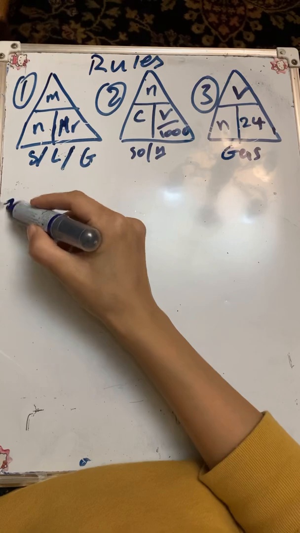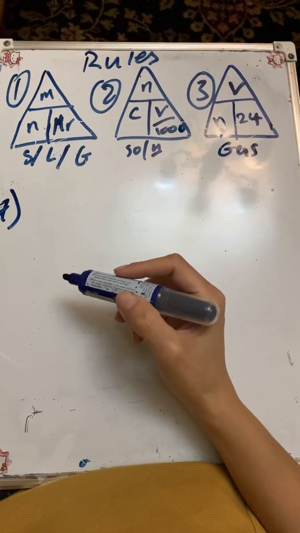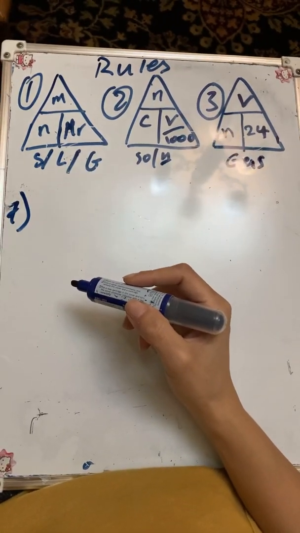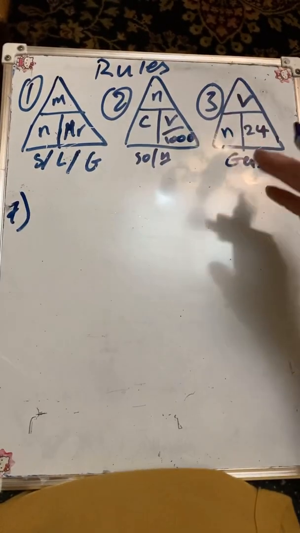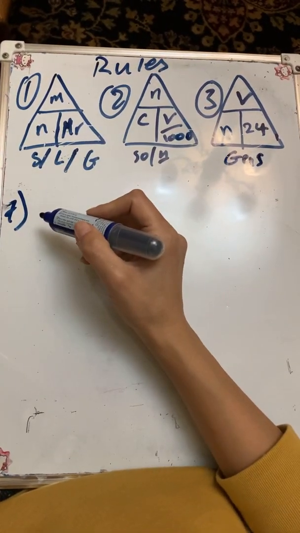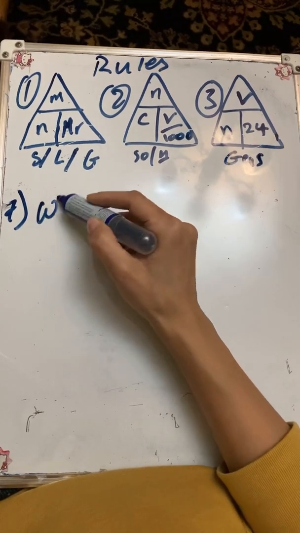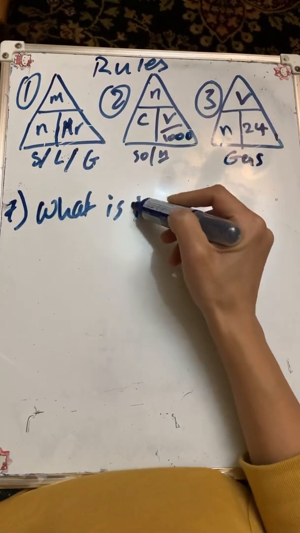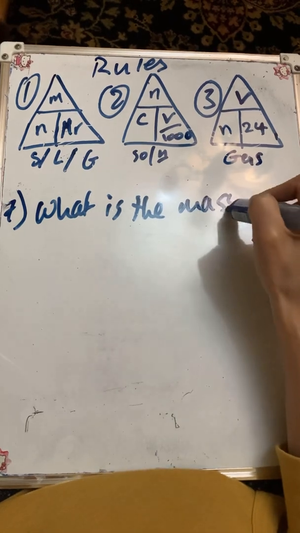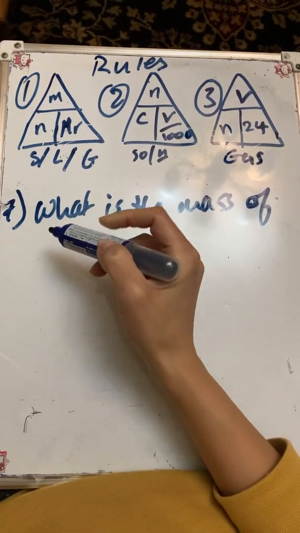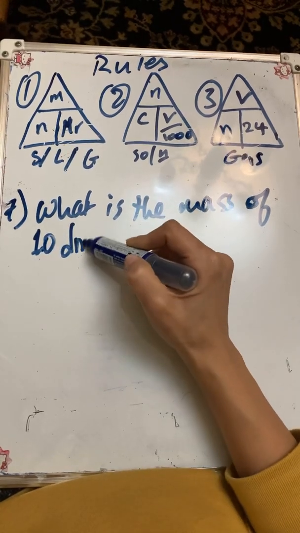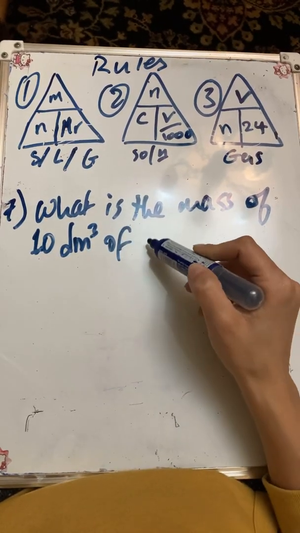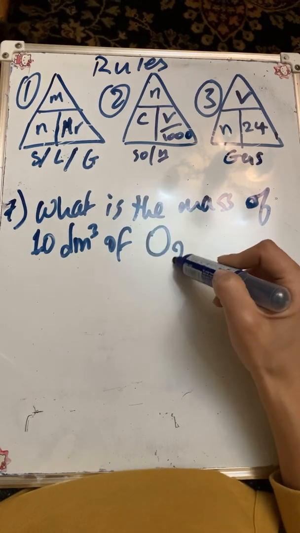Question number 7. It's interesting because you get to start using more than one rule in a question. The question says, what is the mass of 10 decimeter cubed of oxygen gas?